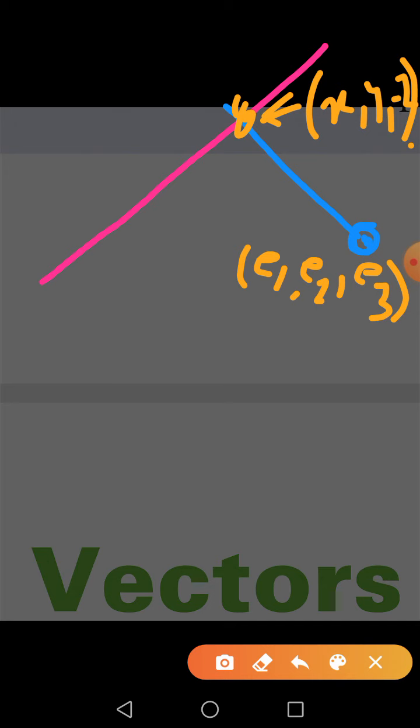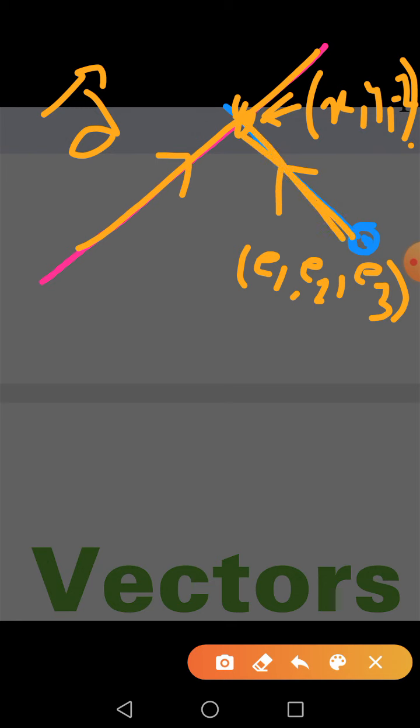Now you already know that this line has a direction vector which is d, isn't it? And which is equal to (p, q, r). But this line still doesn't have a direction vector. Okay, now what can we do? Let's find a direction vector for this line.